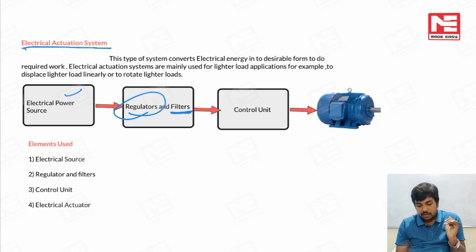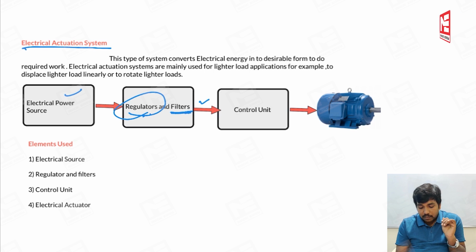And then, as usual, we are going to have a control unit here. The control unit can either be programmed or manually operated. Let me say this is motor 1 here and then motor 2 here; like that you might have two to three motors.